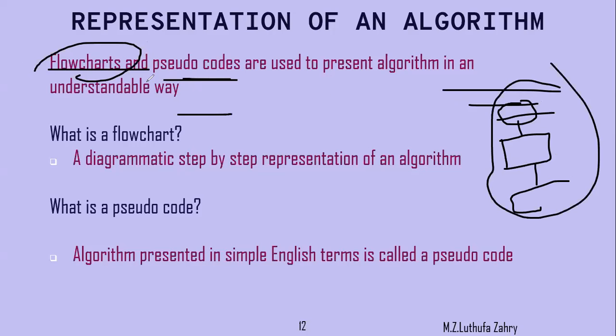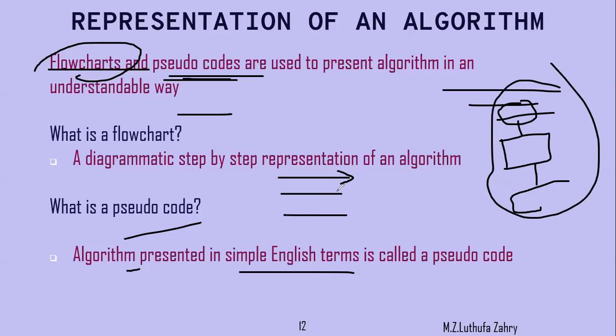We learned all about flow charts in the last class, and now we are moving to pseudocodes. Pseudocodes are an algorithm presented in simple English. An algorithm is already a method shown in English, right?